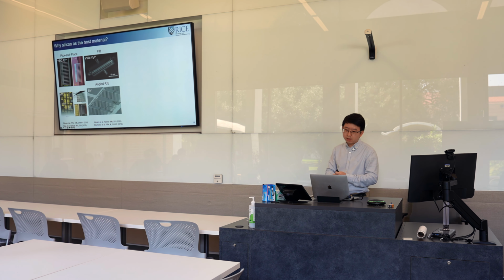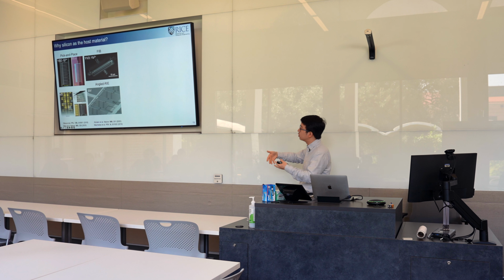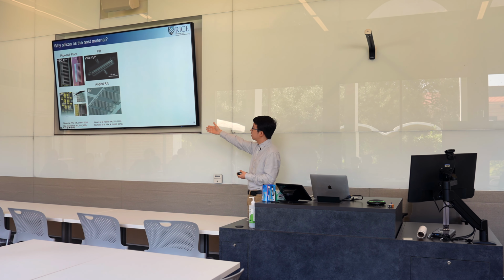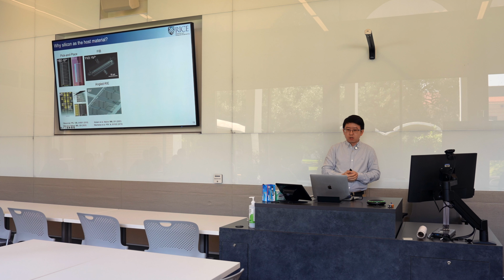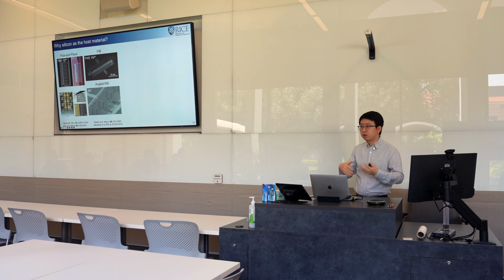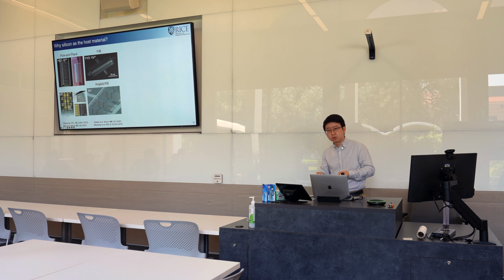And of course, people have developed other methods where you can do some etching at angles so that you can form this silicon vacancy device array, okay? All of this is very nice work in the sense that you can have very good quality devices, but they are all either not scalable or very challenging to do, okay?